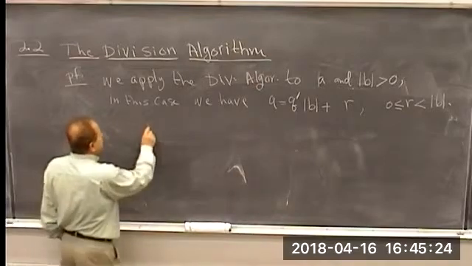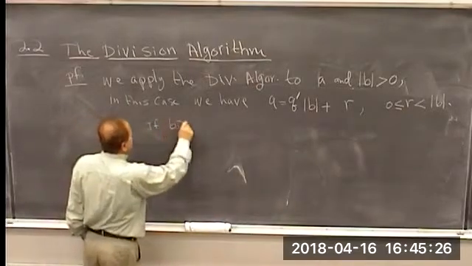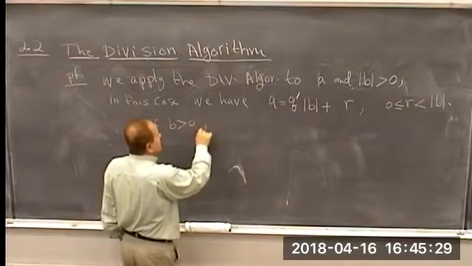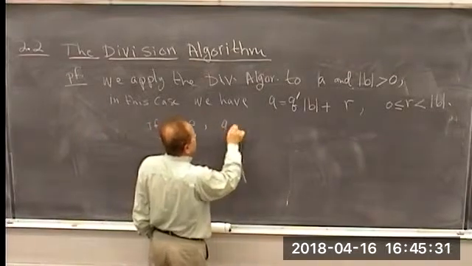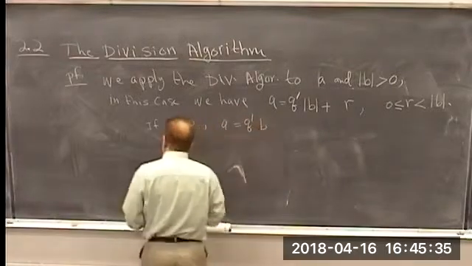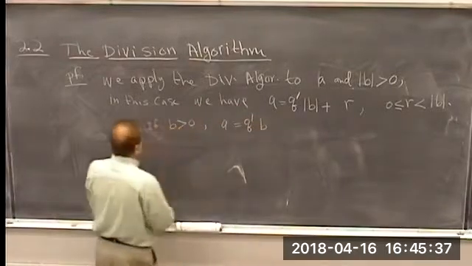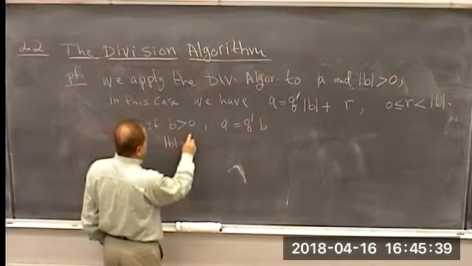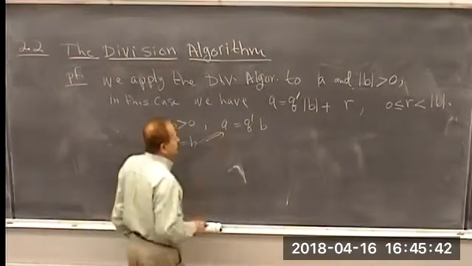So if B is positive, then there is no problem. We have A is equal to Q prime times the absolute value of B. The absolute value of B is the same as B. So if this is the case, then this is equal to B. And this gives us this, right?